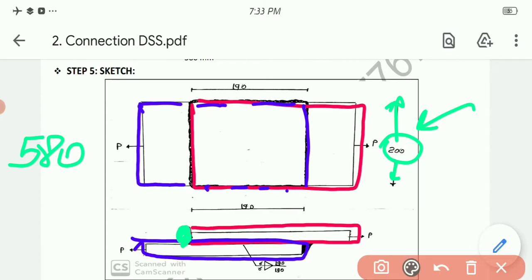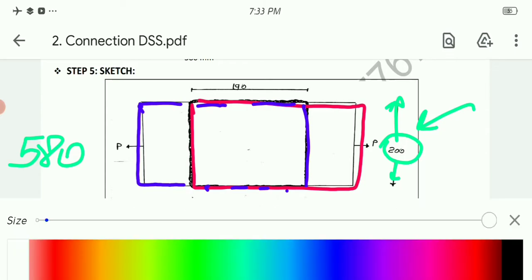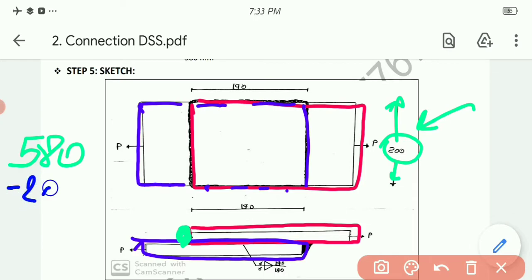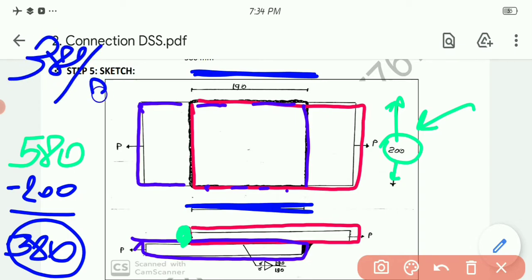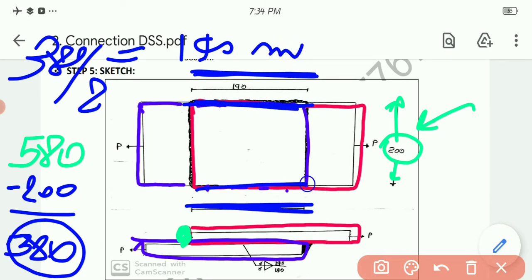So the remaining length will be 580 minus 200, that is 380 mm, and this 380 mm will be covered in equal proportion this way and this way. So 380 divided by 2 gives me 190 mm. I will provide 190 mm weld over here and 190 mm over here, and one weld over here.